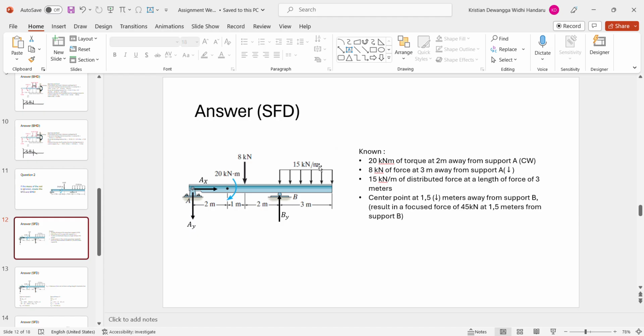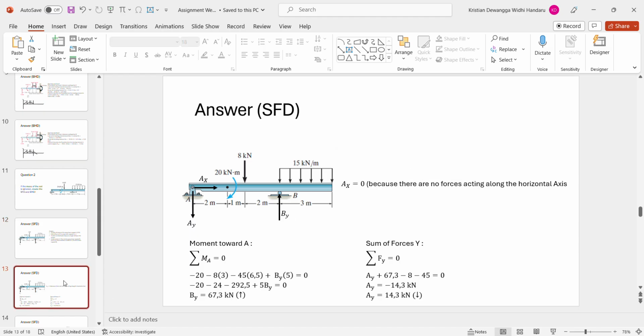For the first answer for SFD, we know there is a 20 kilonewton meter torque at 2 meters away from support A, clockwise, 8 kilonewton of force at 3 meters away from support A, downward force, and 15 kilonewton per meter of distributed force at a length of 3 meters, with center point at 1.5 meters away from support B, resulting in a force of 45 kilonewton at 1.5 meters from support B.